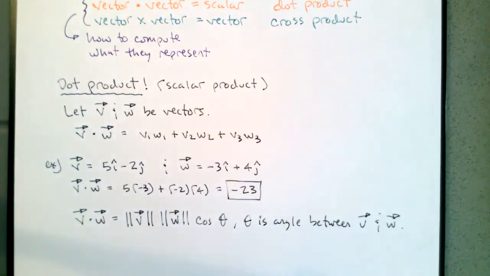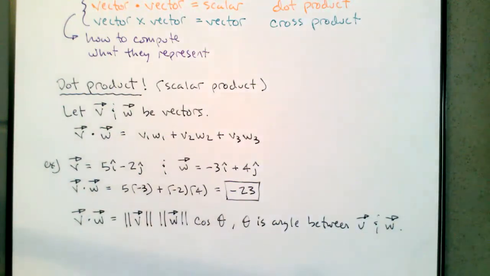So theta is the angle between the vectors. So if we know the angle between the vectors, we can compute the dot product, or if we have two vectors and we want to know the angle between them, then we can use the dot product. So cosine of theta is a scalar, magnitude of v and magnitude of w are scalars. So if I want to solve for theta, I'll just first divide by the magnitudes of the two vectors and then find the cosine inverse.